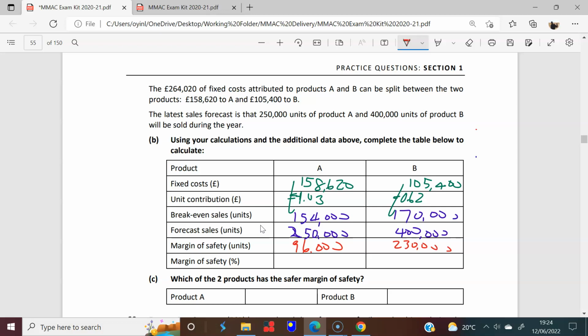And your margin of safety percentage, of course, is 96,000 over the forecast of 250 times 100%. And here we have 230 over 400 times 100%. So let's just do that very quickly. 96 divided by 250 times 100 is 38.4%.